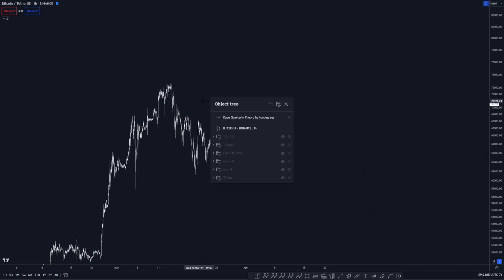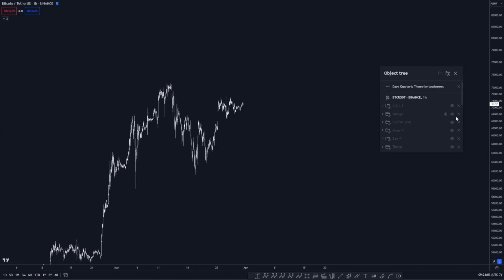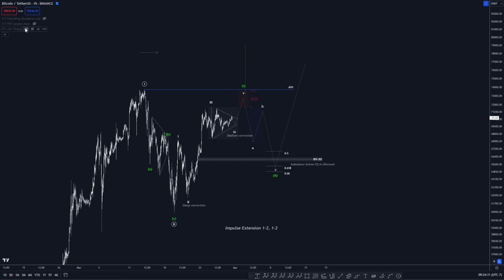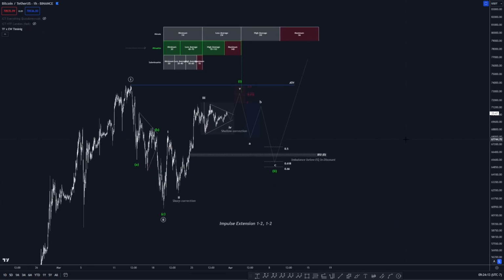So the first variation that I can observe would basically be a 1-2-1-2 scenario. Meaning that this 3-wave correction, this A, B, C, was it. That was it. That was the wave 2 for our super bullish counts. And now we're impulsing up for new highs.